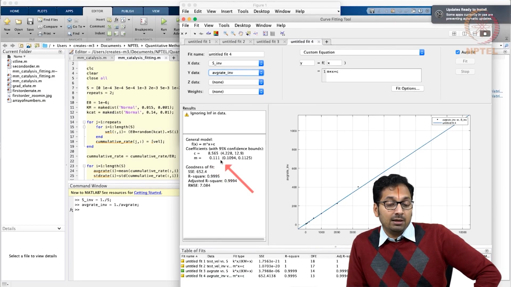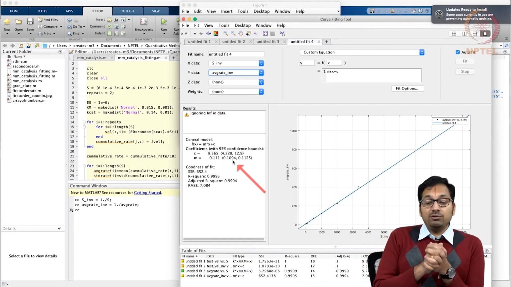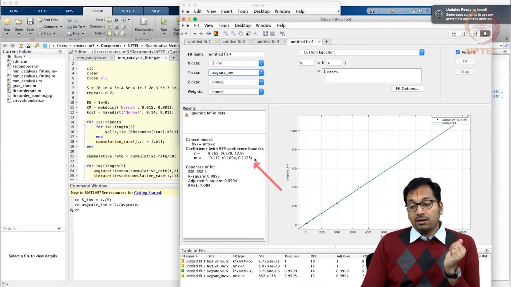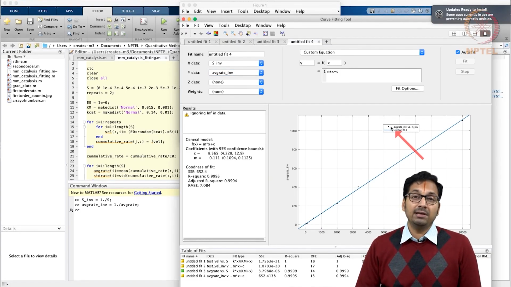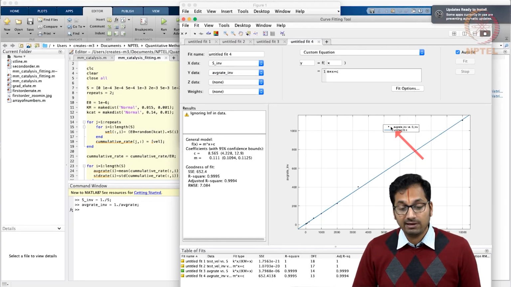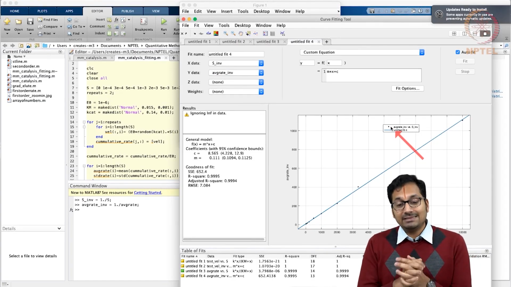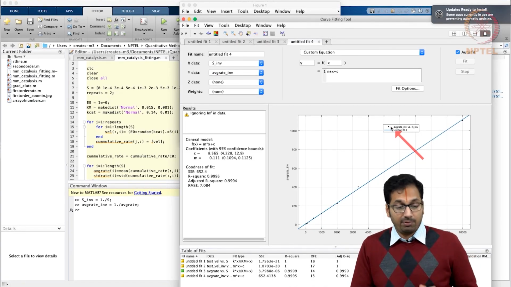Even M, the slope, was better determined the previous time with 100 repeats, and now it's getting worse. So I hope this makes you understand that if you know the model precisely, it's not a great idea to invert it, to linearize a plot and get your final values. It's better to use them as they are to find the actual errors that propagate.